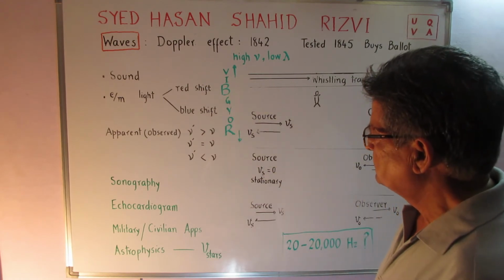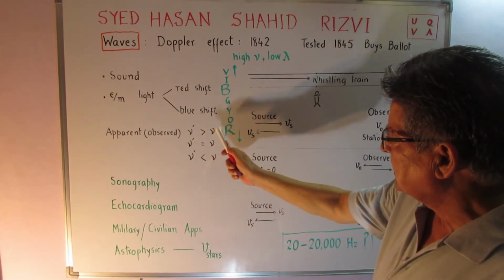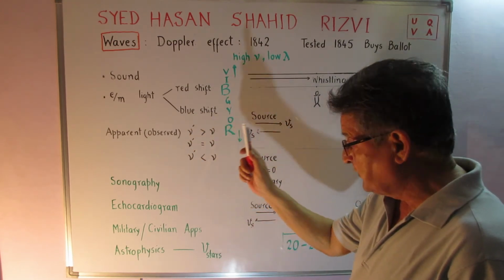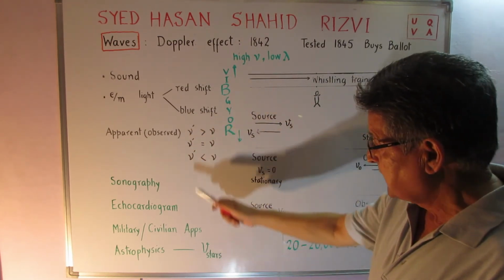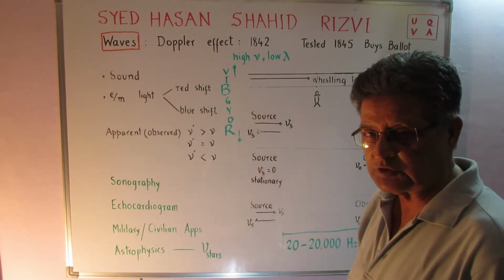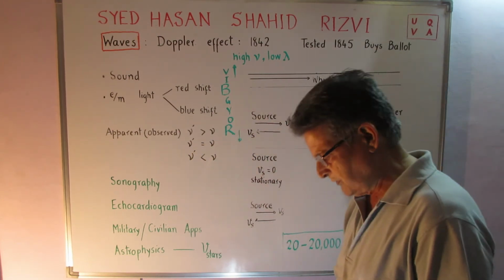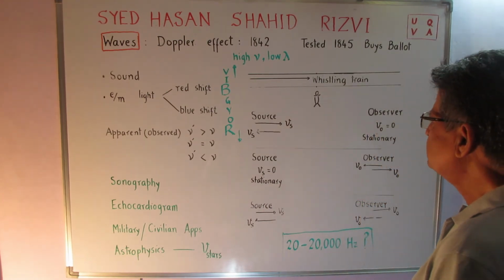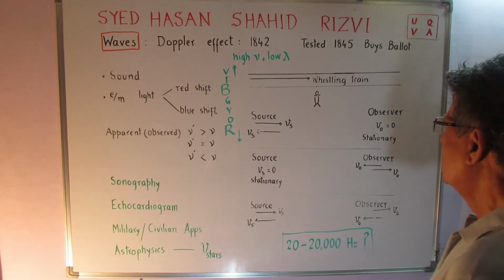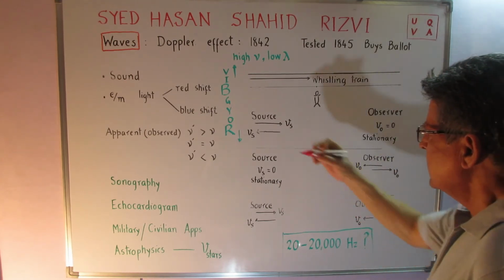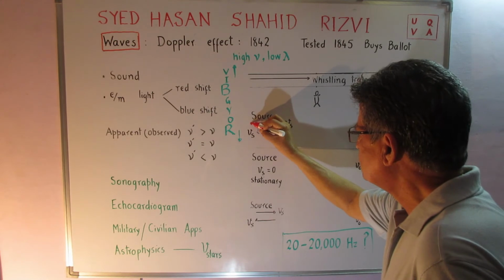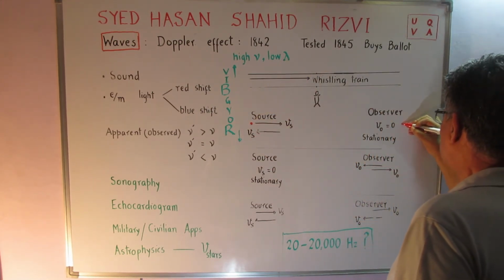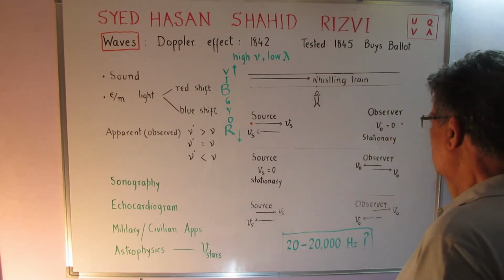Observed frequency can be greater than the frequency of the source, can be equal to it, can be smaller than it. These are three situations which arise. So what we do is, we study, for example, a source here and an observer here, in the same line joining the two of them.